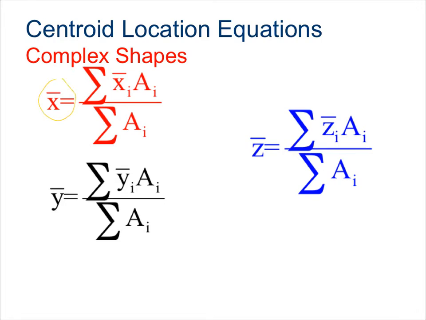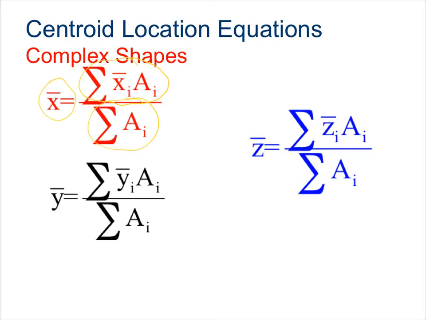To find X bar, which is the horizontal distance to the centroid of the complex shape, we're going to have to take the sum of the products of each individual simple shape's X bar and multiply it by its respective area. Once you do that, then you're going to divide it by the sum of the areas of each of the individual shapes.